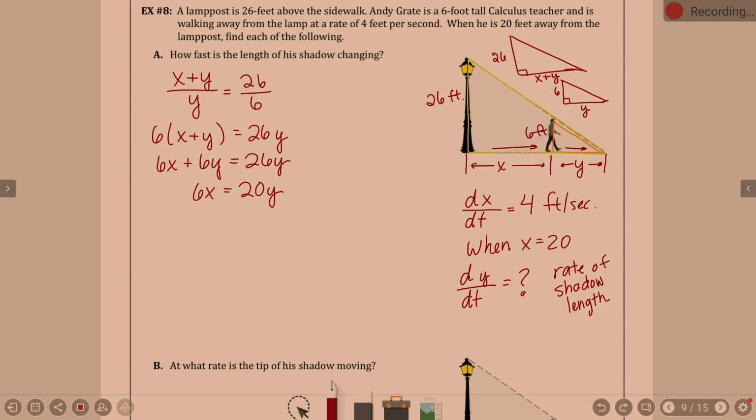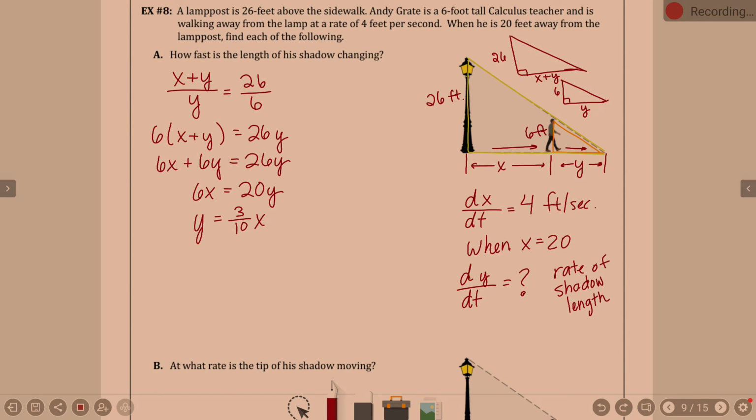So y equals 6x over 20. Or what about reducing 6 over 20? Could I say 3/10 x? If you want to say 6/20 x, fine, so be it.